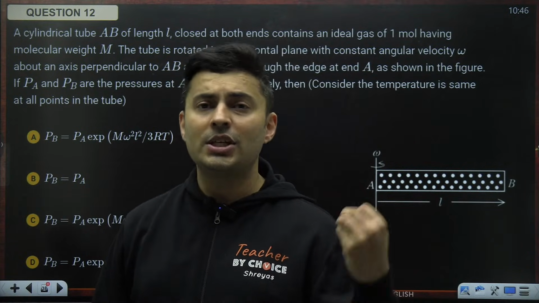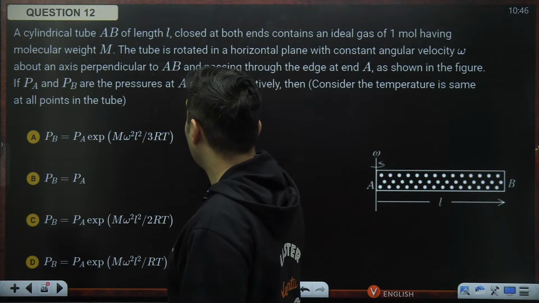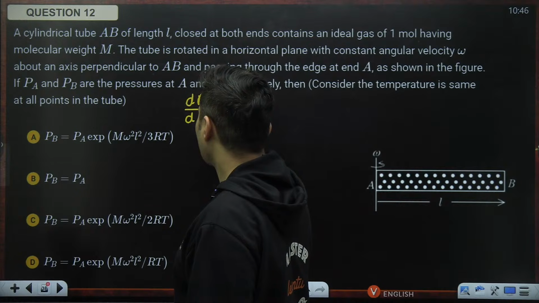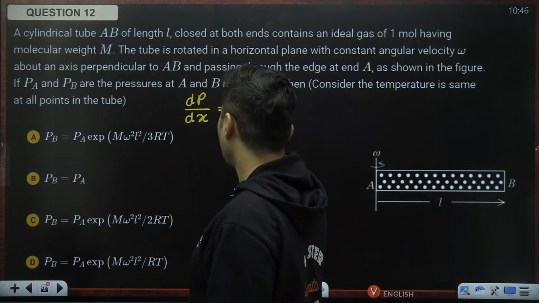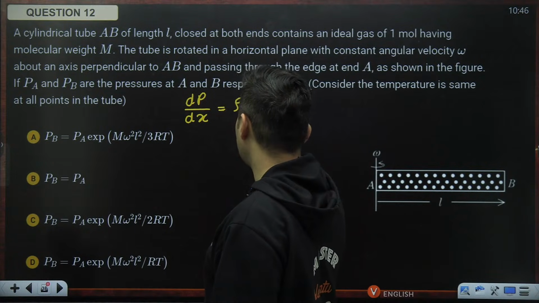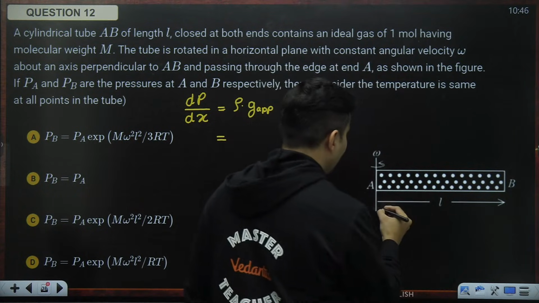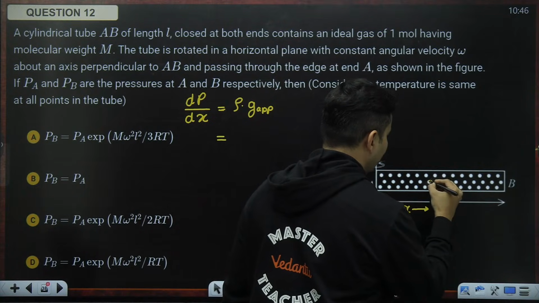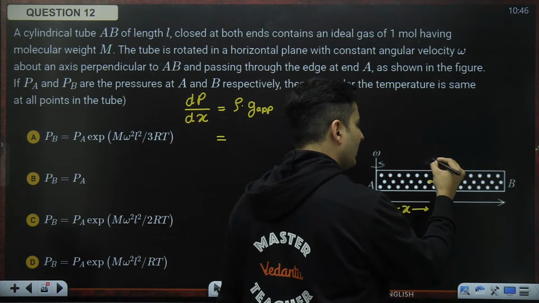There is a rate of change of pressure formula which is called the pressure gradient. That formula is in the beginning of hydrostatics. dP by dx is nothing but rho, the density, into gravity, the apparent gravity which is experienced. Now, if I am standing at some location x, the gravity experienced is because of the centrifugal force.